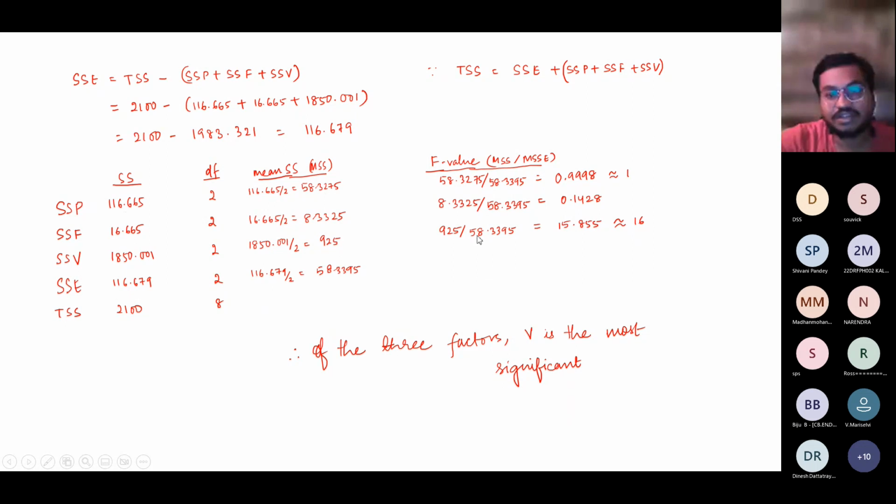For varieties, we do the same and get 15.855, which is approximately 16. Of the three factors, 16 is the highest number, so variety is the most significant factor. So the answer here will be C or D.